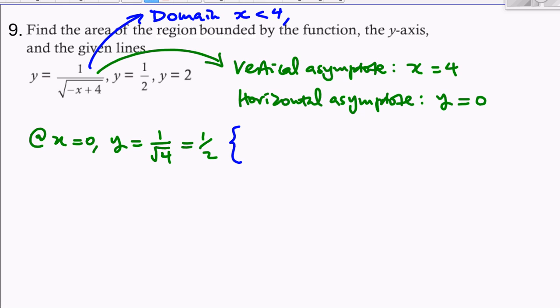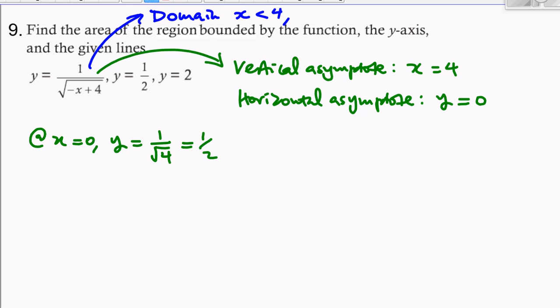Well, we can't have plus or minus a half, otherwise we won't have a function. So it's just a half. That way you can have a function. You know the definition of what a function is. So we'll just end up with one value of y.